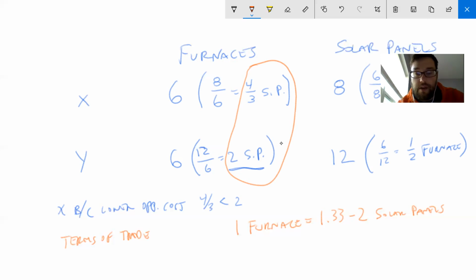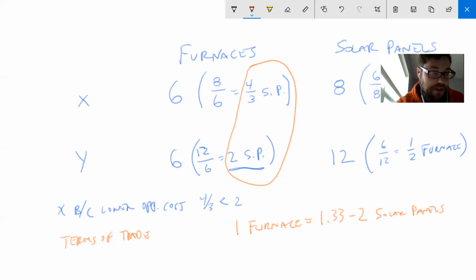Right, so anywhere in between there would be mutually beneficial, and country X would be better off, right? One furnace equal to somewhere in between here solar panels. All right, so let's go to what they're given.